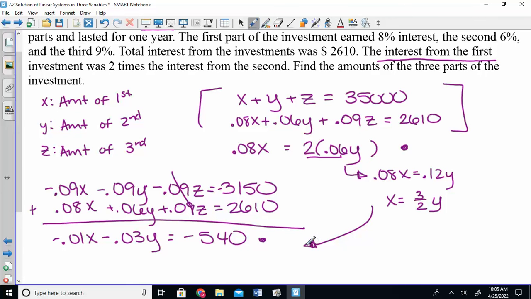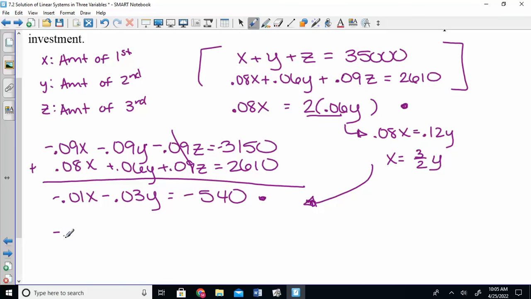So then we could substitute that into the first one. So we have negative 0.01 times x, which is 3/2 y, minus 0.03y equals negative 540.